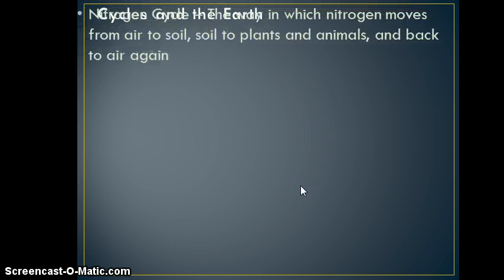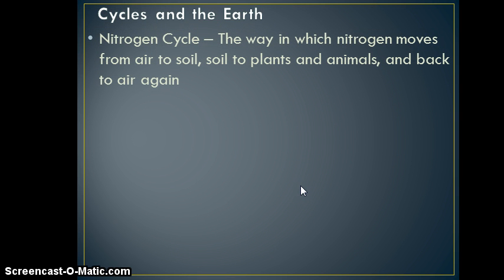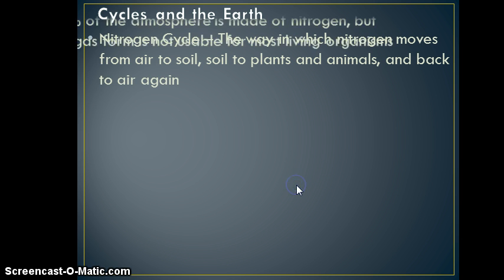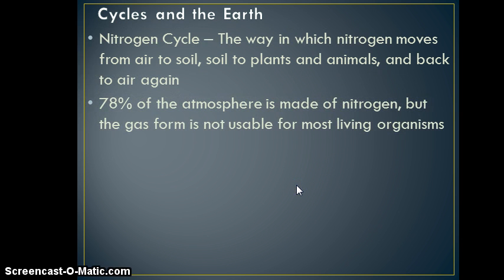From there we go on to another cycle, the nitrogen cycle, and that's going to be the way that nitrogen is going to move from the air to the soil, and from the soil to the plants and animals, and back to the air again. So very similar to the way we looked at the carbon cycle as moving from a gas to a solid. We're going to kind of see something similar with the nitrogen cycle. 78% of the Earth's atmosphere is made up of nitrogen.